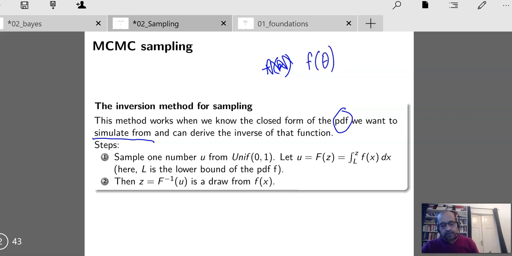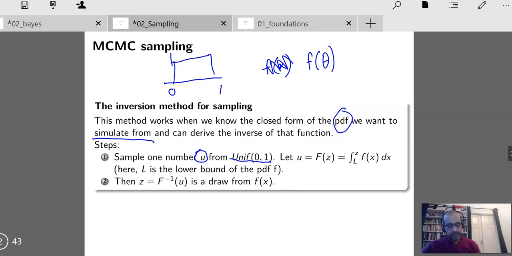Let's say theta is our parameter, and we have the PDF of this distribution. If we want to sample from this distribution, what we're going to do is first take a random number u from a uniform distribution with range 0 to 1. So we are taking one number between 0 and 1 with equal probability. That's what a uniform distribution looks like.